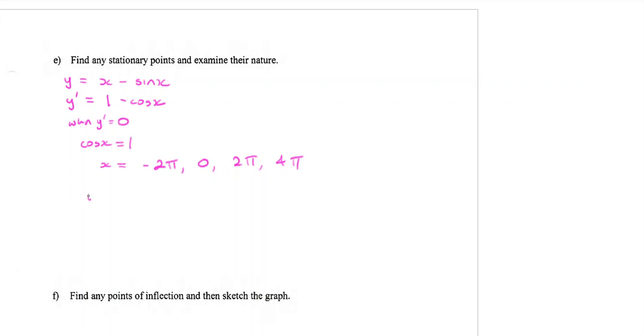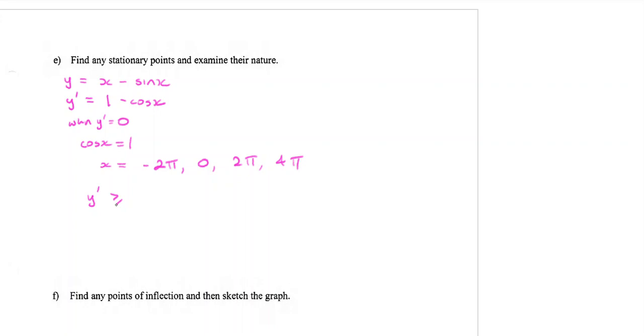Okay, so y dash is always going to be greater than 0. I'm going to do it from here. So I want to see what is happening with the gradient here. Cos x, the biggest value it can ever get to is 1. So even at its biggest point here, I'm having 1 minus 1, so 0. 0 is the smallest my gradient is ever going to be.